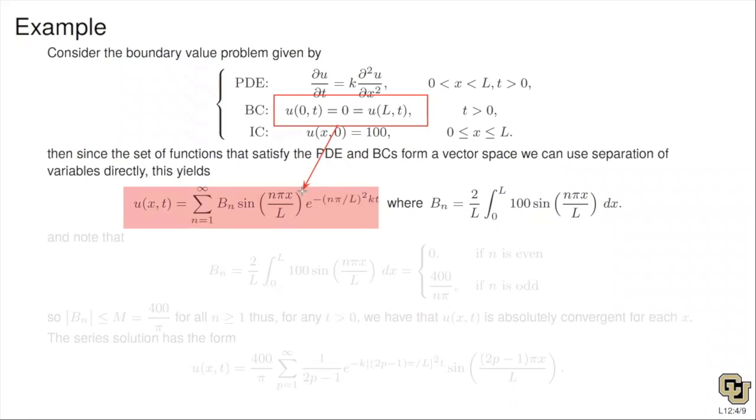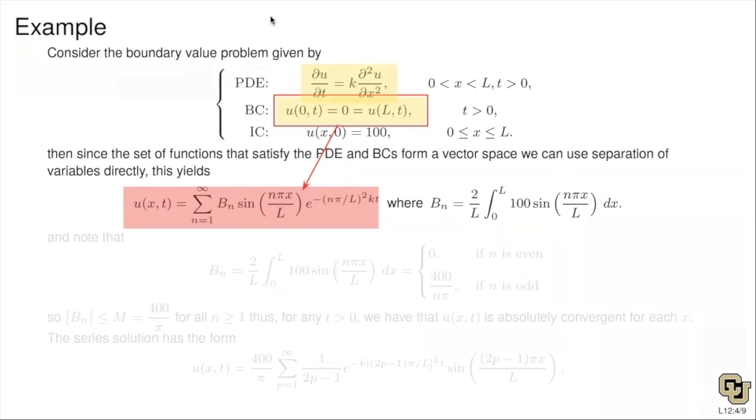One important subtle point is that because of these boundary conditions, the transient solution is trivial. The set of functions that satisfy the PDE up here and the boundary conditions forms a vector space. So I can go directly to the formal solution of the PDE. The transient solution here is trivial.